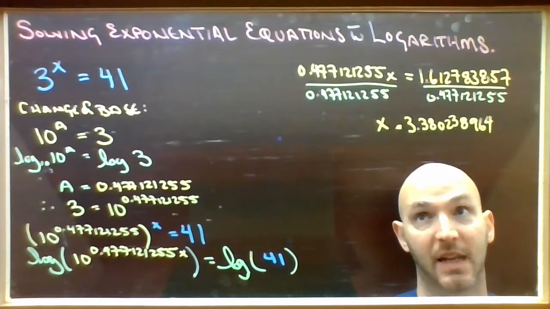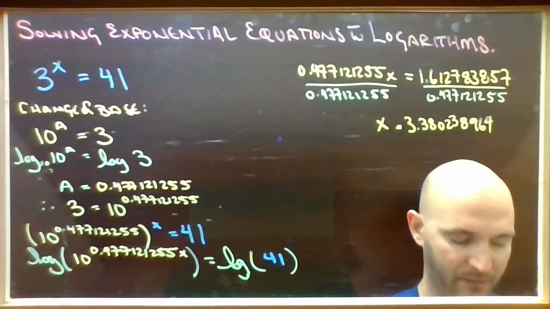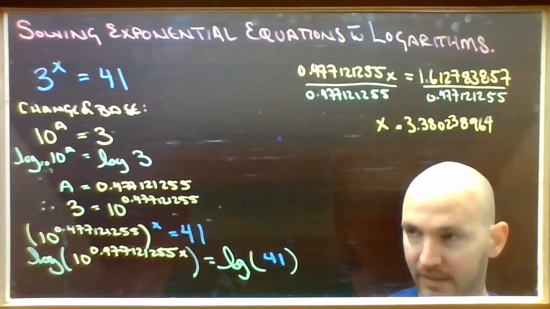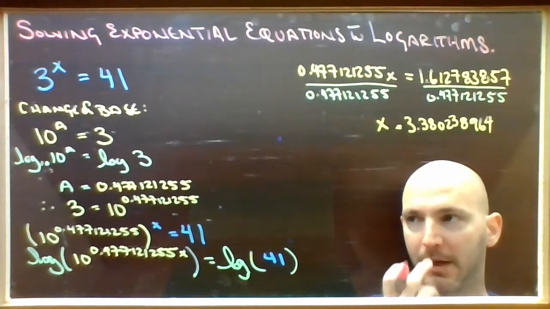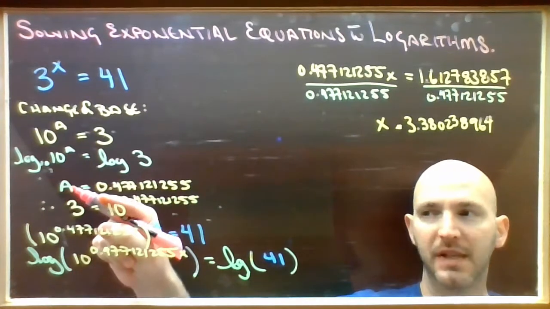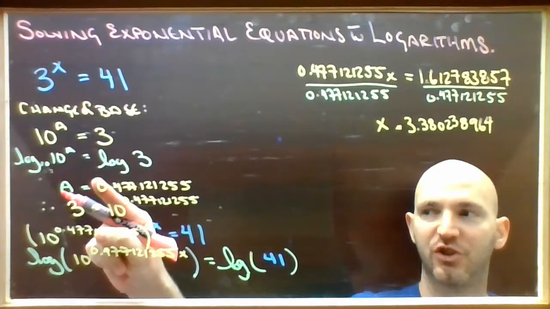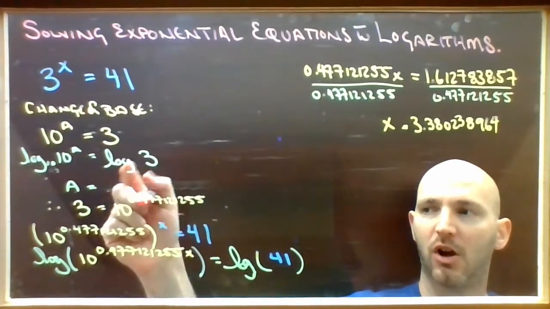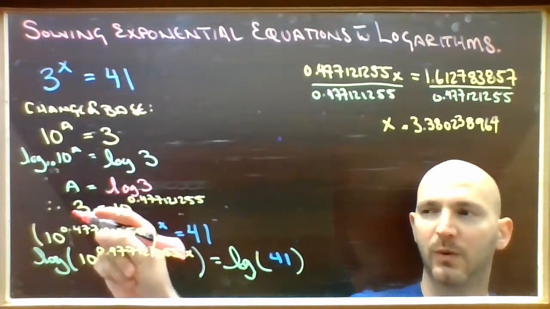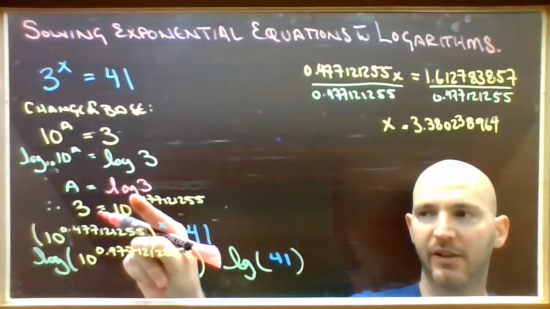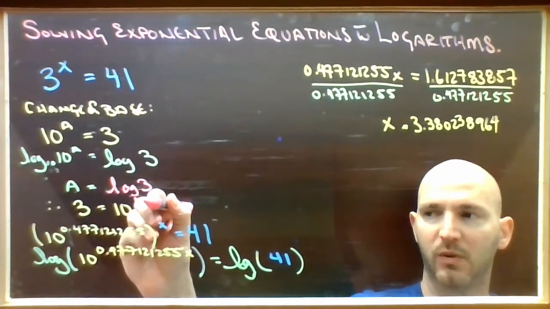Now, looking at this example, there are a lot of numbers wiggling around on here. And we can shorten this up if we're a little tactical and a little unafraid of leaving symbols in our equations. This thing here, 0.477121255, that was just log base 10 of 3. So I could just write it as 3 equals 10 to the exponent log 3.